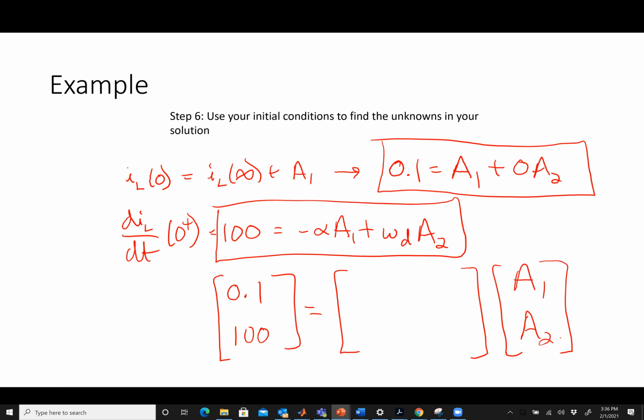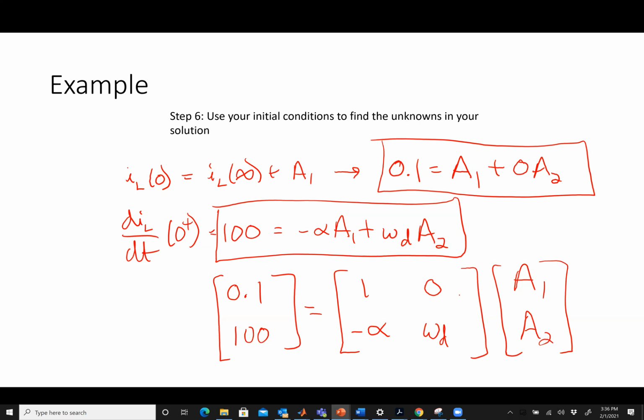What do I put in the top row? 1 and 0. What do I put in the second row? Not -1, negative alpha, because it's the coefficient on the A1. So negative alpha times A1 plus omega D times A2. And those are just going to be numbers, yeah.